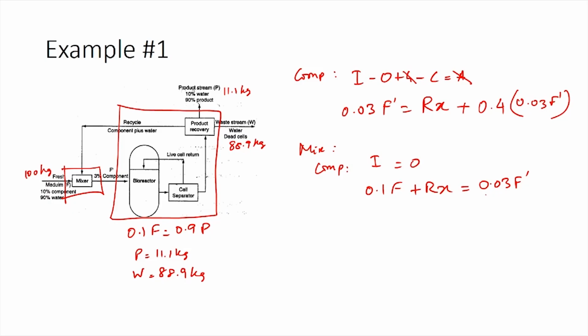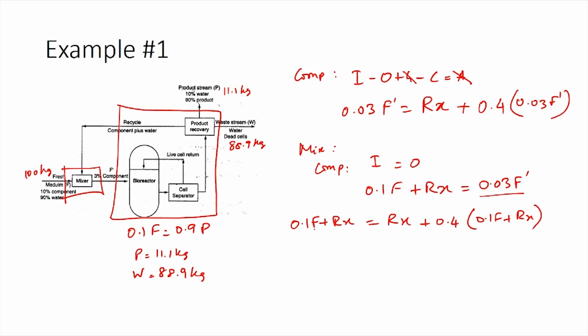Now, if we were to substitute the value for 0.03 F prime as 0.1 times F plus Rx into the first equation we have, we would get the equation as 0.1 F plus Rx equals Rx plus 0.4 times 0.1 F plus Rx.